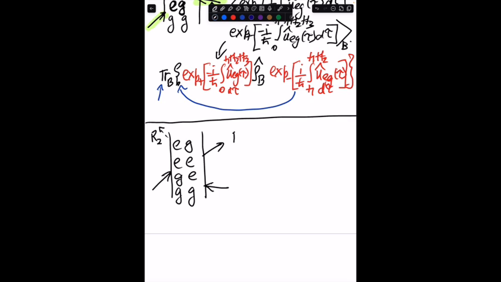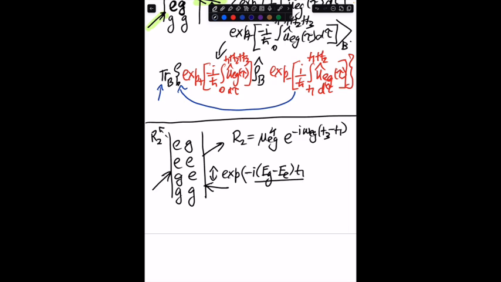So R2, using the method I just described, would be mu Eg to the power 4, then e raised to the power minus i omega Eg, T3 minus T1, because this term would oscillate as an exponential, like using the method I previously told you: minus i times the energy of the leftmost element, which would be Eg, minus the energy of the rightmost element, T1, upon h bar.